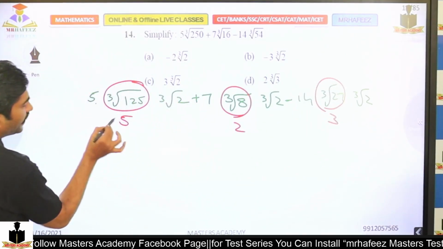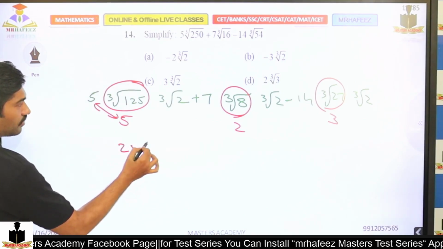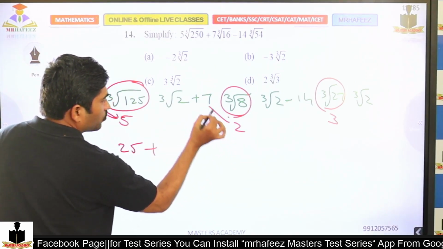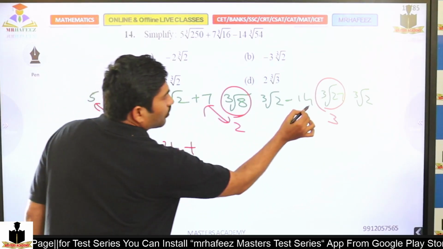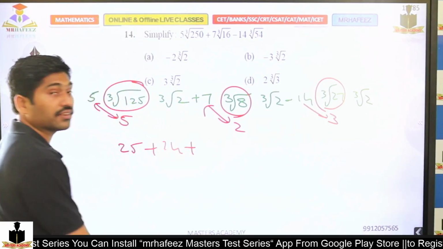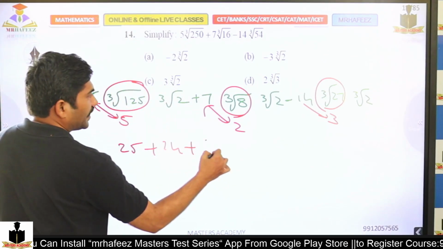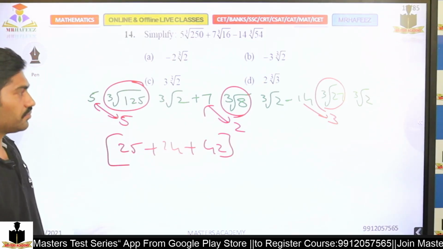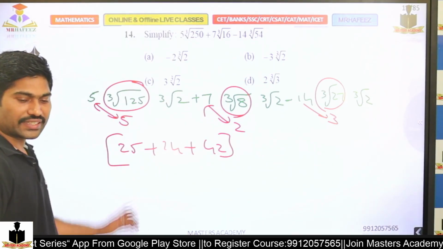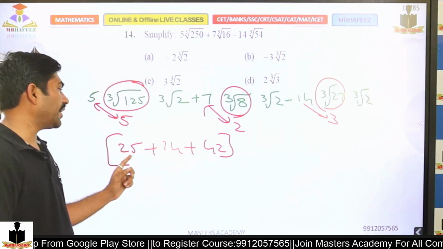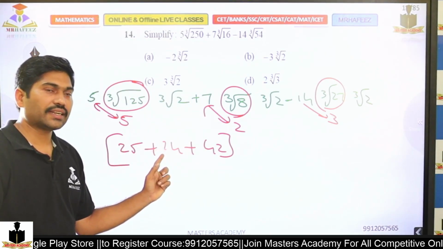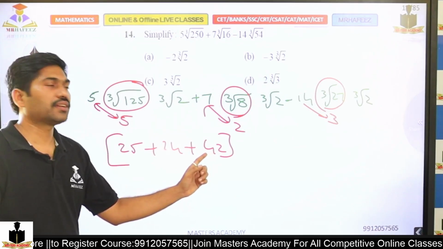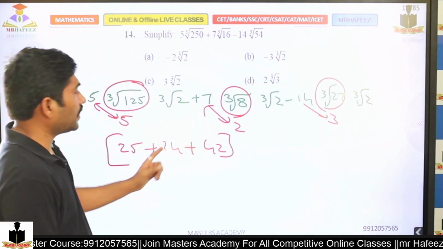So 5 times 5 is 25 plus 7 times 2 is 14 plus 14 times 3. 14 times 3 is 42. 25 plus 14 is 39. 39 plus 42. Is that 39 minus?